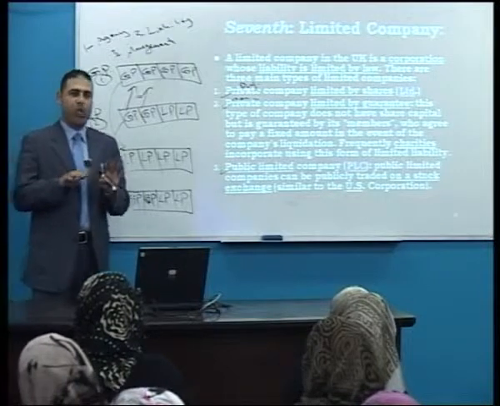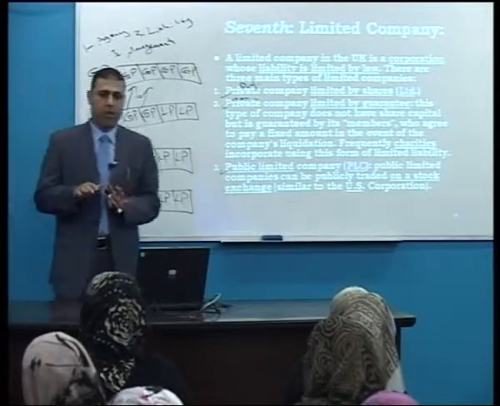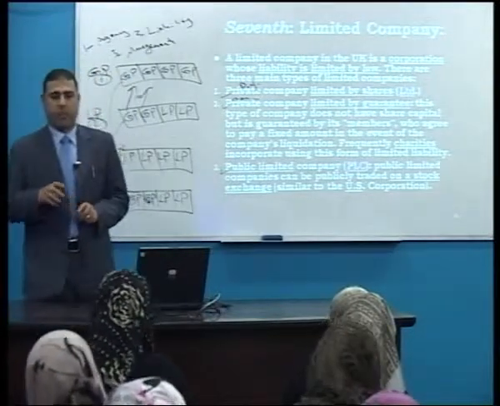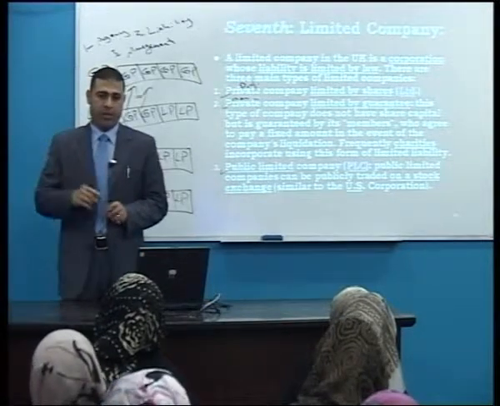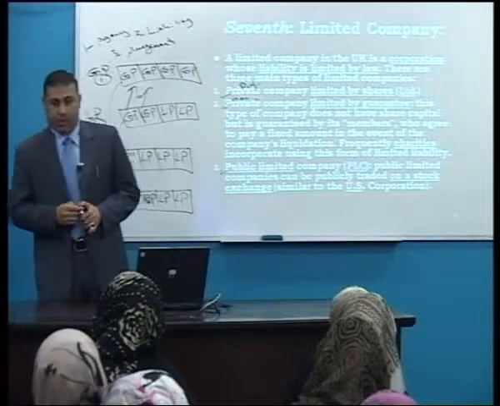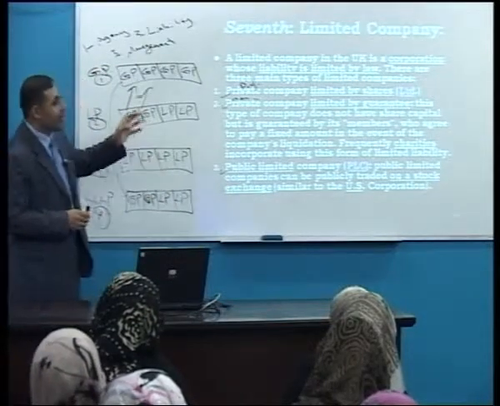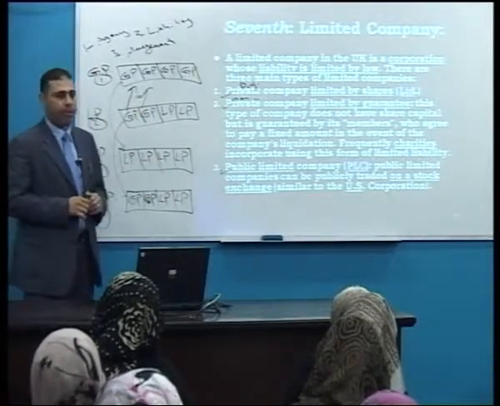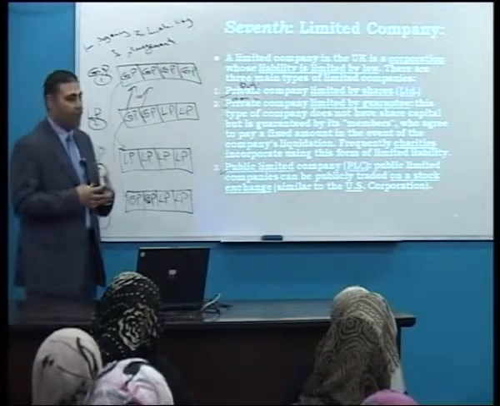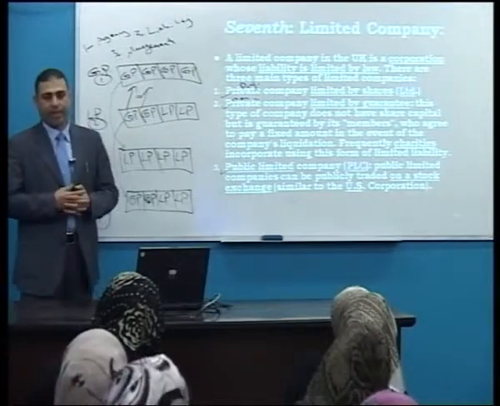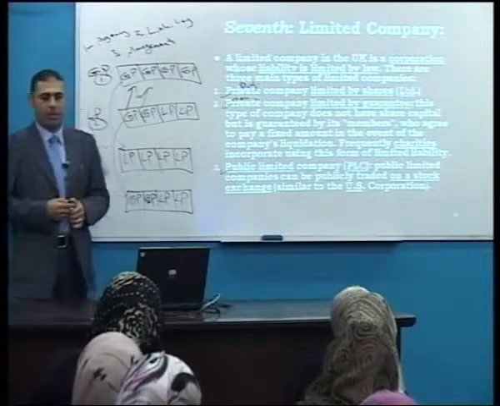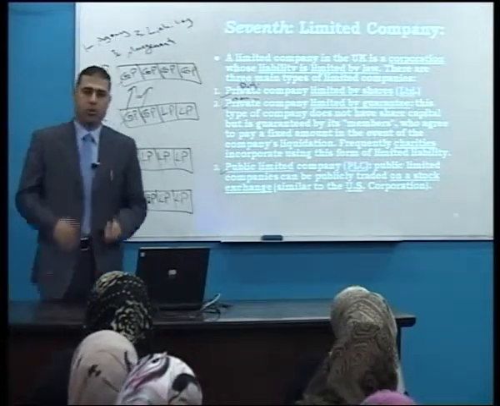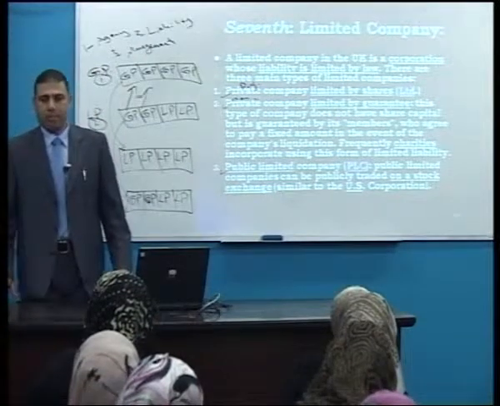This is equal to corporations. In corporations we have two types: some of them publicly traded and some of them privately traded. But this time it's a public limited company. This is not available in all states or all countries. Some countries have PLC, and some have corporations. It depends on the jurisdictions.